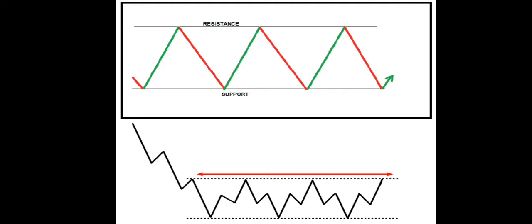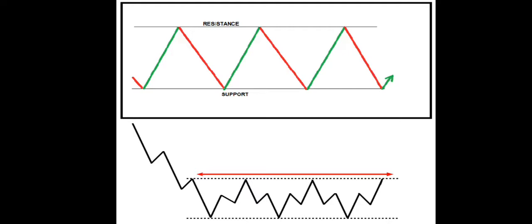Now, vice versa for the support level too. If the support level is not identified horizontally but the resistance level is identified horizontally, then that is not a ranging market. But once you have your horizontal resistance and your horizontal support, just like the way it is right here in this chart, then that is a ranging market.